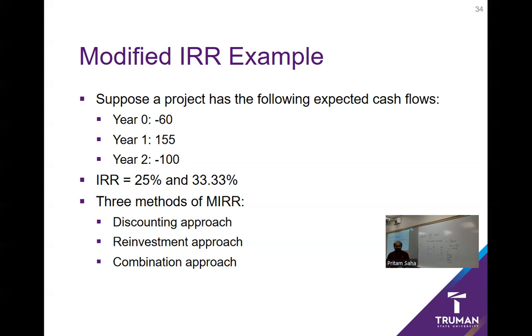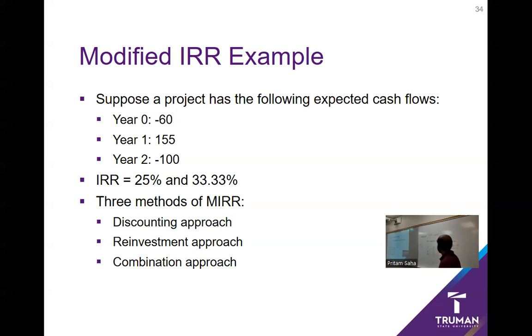Make sense? Any inflows after day 0, reinvest into the future. Any outflows after day 0, discount back today at 20%. Any inflows after day 0, compound to the future.